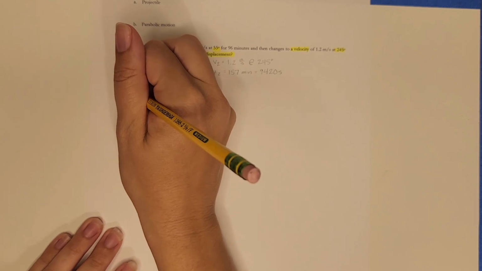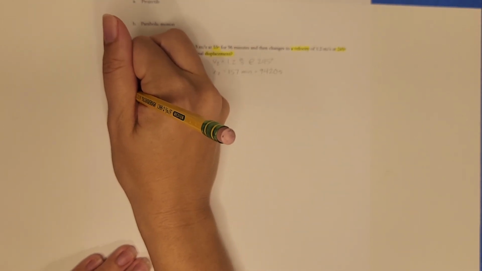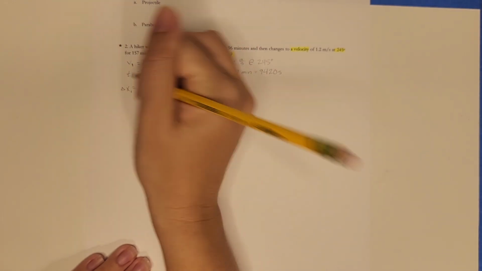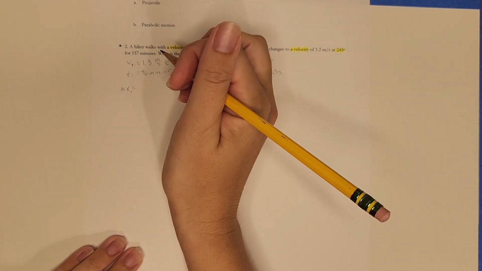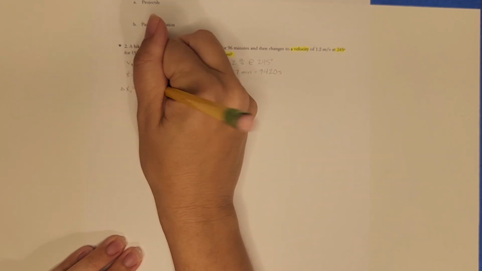The equation that we're going to use is from several chapters ago, and that is our delta x, and I'm going to call this delta x1, equals our velocity, technically v naught, times time.